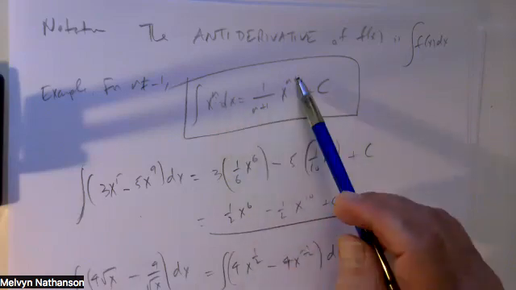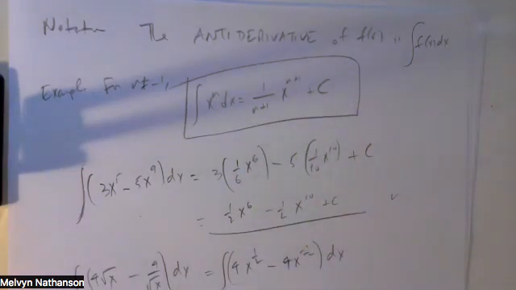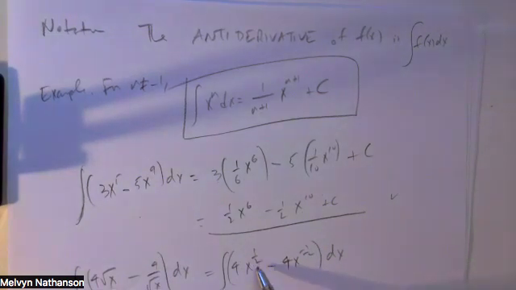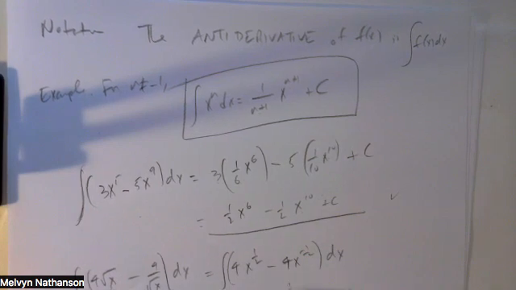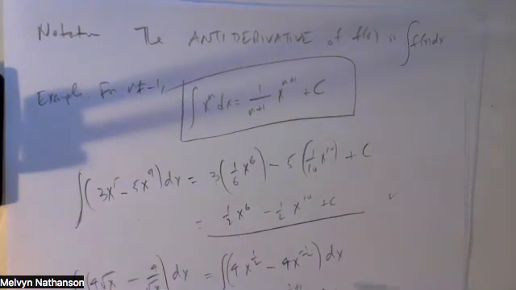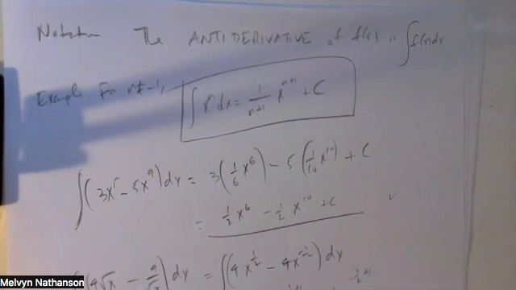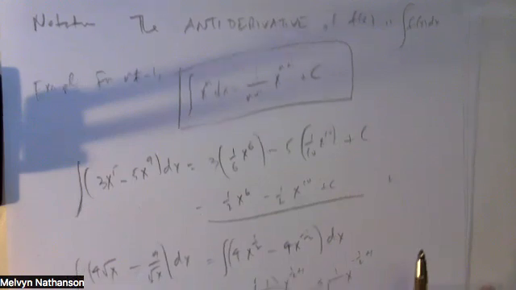You increase the exponent by 1, n to n plus 1, divided by n plus 1. So an antiderivative of x to the 1/2 would be 1 over 1/2 plus 1, x to the 1/2 plus 1, minus 4, x to the minus 1/2 plus 1, 1 over minus 1/2 plus 1.